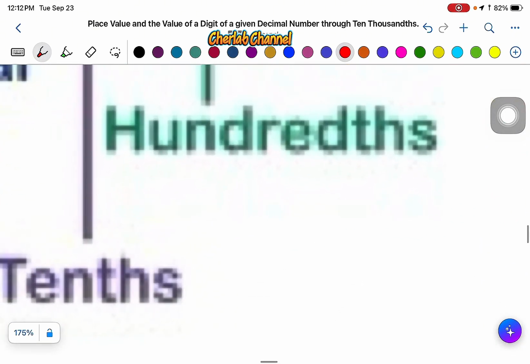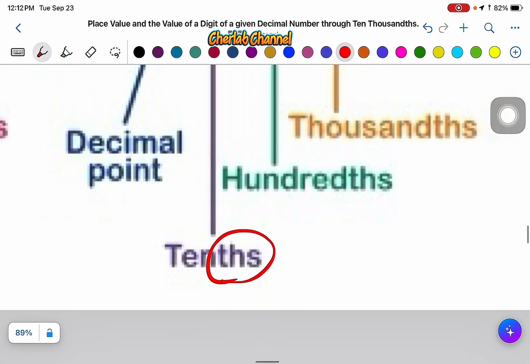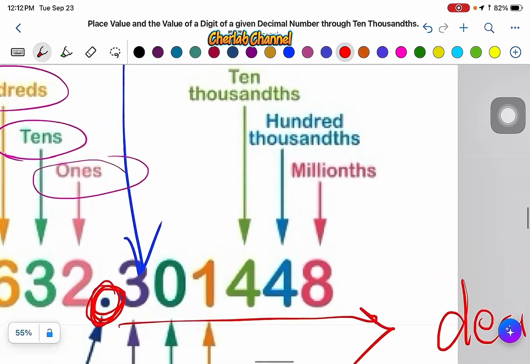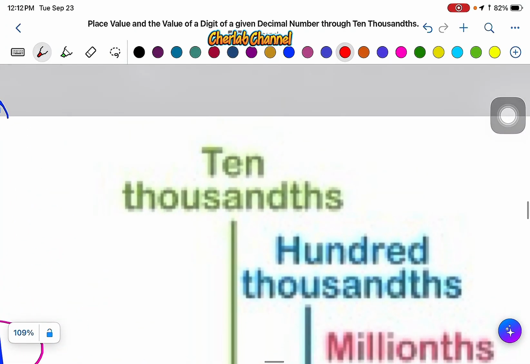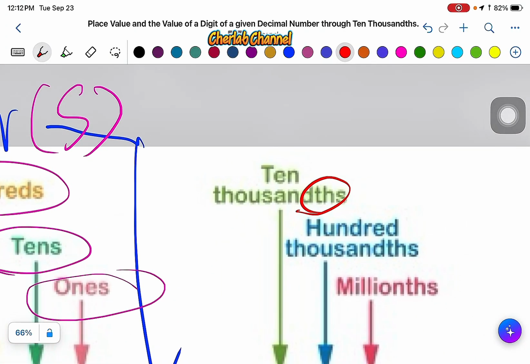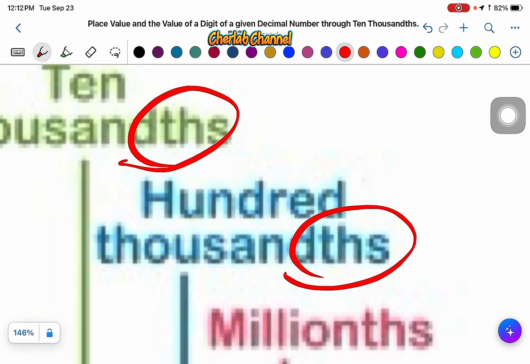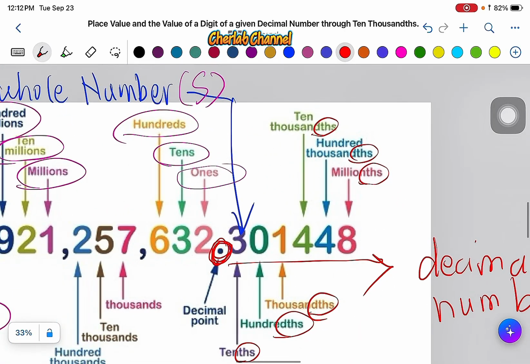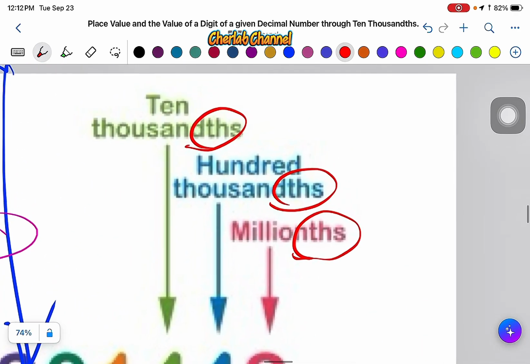Tenths, hundredths, thousandths, 10 thousandths, 100 thousandths, and millionths. As you can see, our topic is up to 10 thousandths only, but it's still the same lang yan. After 10 thousandths is 100 thousandths and then millionths.